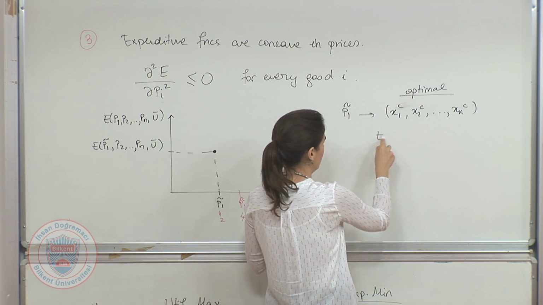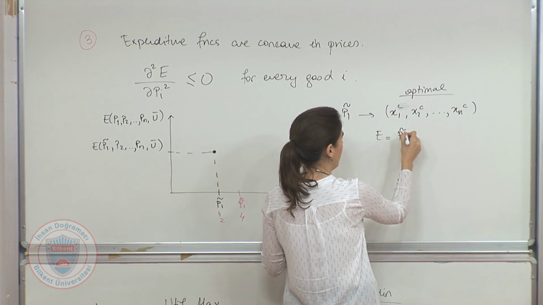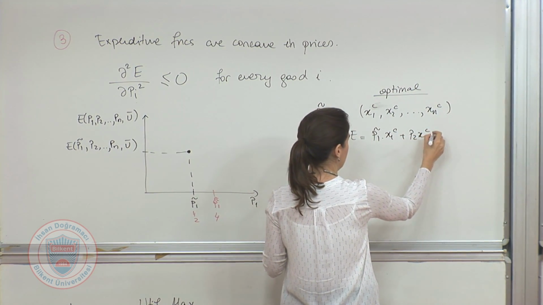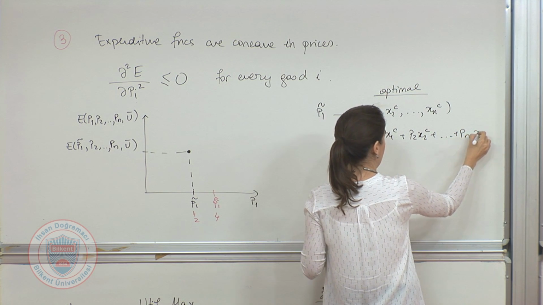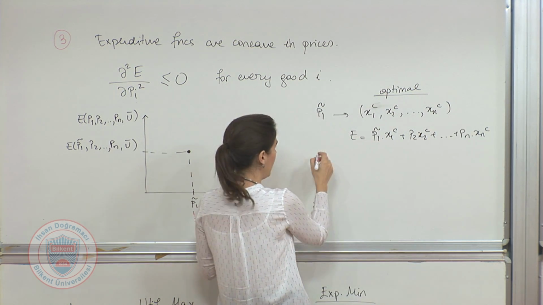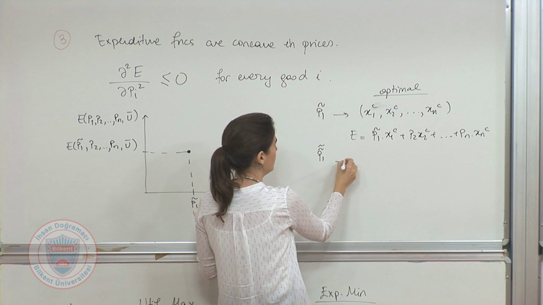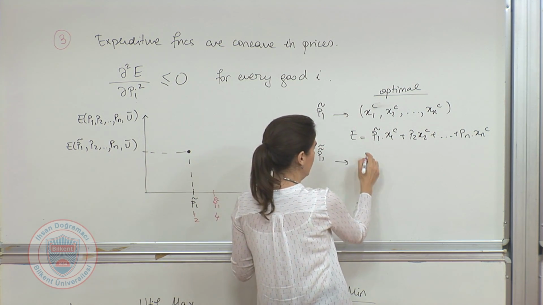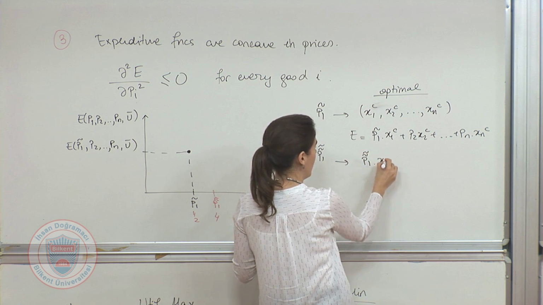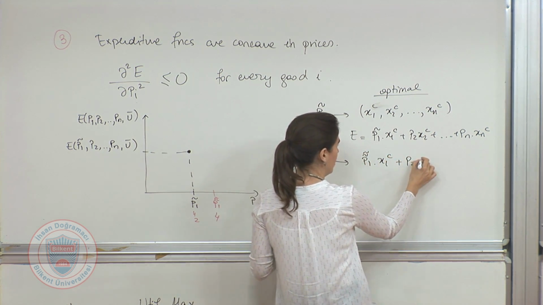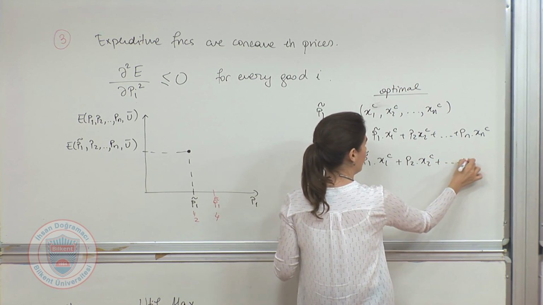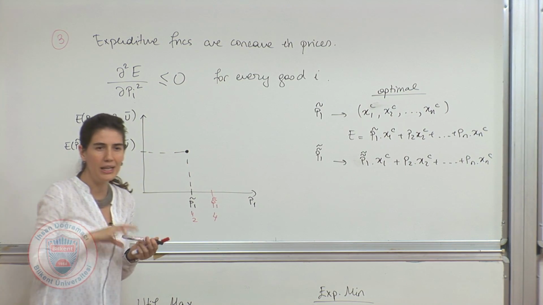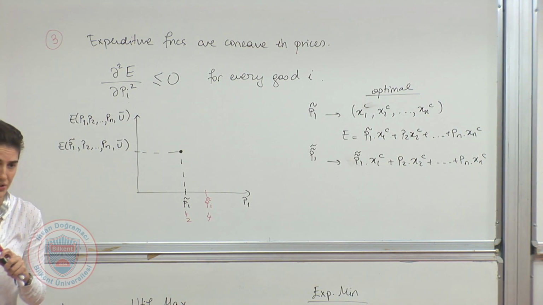The expenditure was P1 tilde X1C, P2 X2C, Pn XnC. Now, with P1 double tilde, if I want to consume my original bundle, it's going to be P1 double tilde X1C, P2 X2C. The rest is not going to change, only this part. So it's going to increase in what fashion?